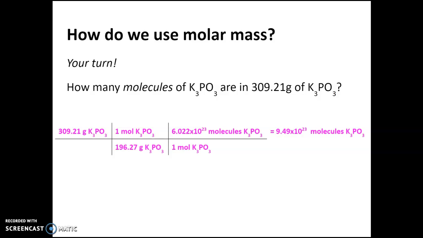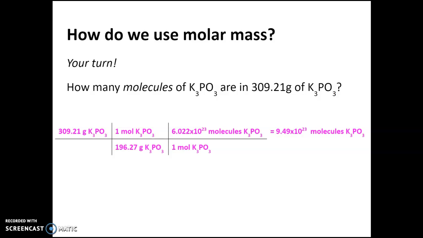I need to get to moles if I'm going to get to molecules. So I'm going to use my molar mass to get to moles. I want my grams to cancel out, so I'm going to put the molar mass on the bottom. So 196.27 grams. I just added those up from the periodic table. That goes on the bottom, and the 1 mole goes on the top. Now our grams cancel out, and we're in moles.